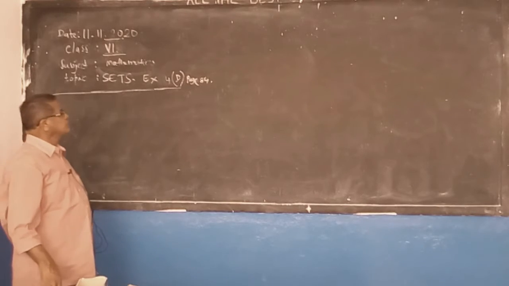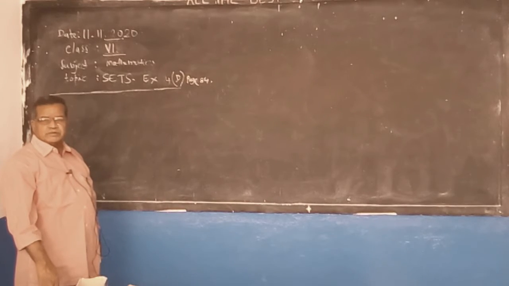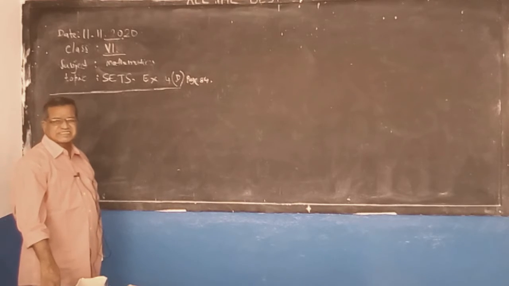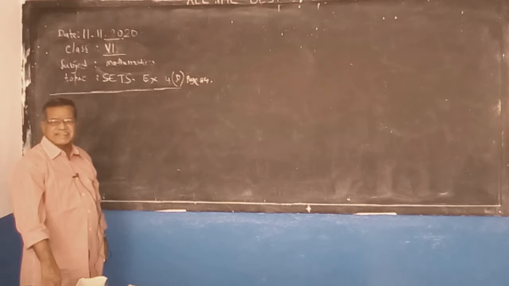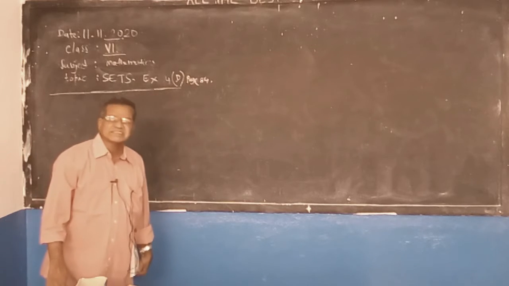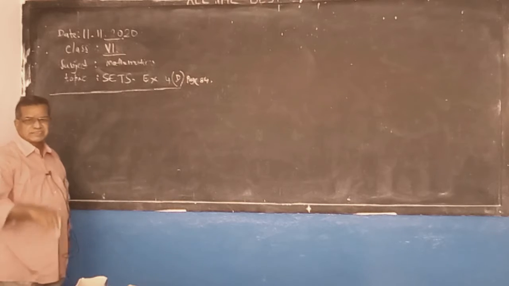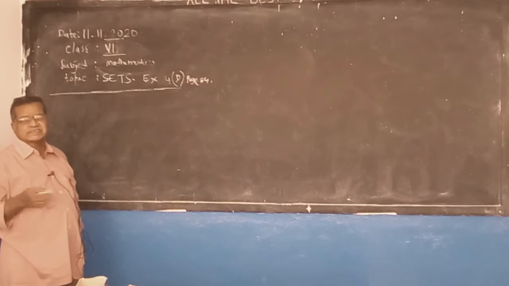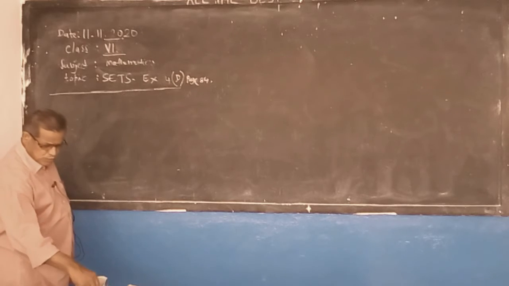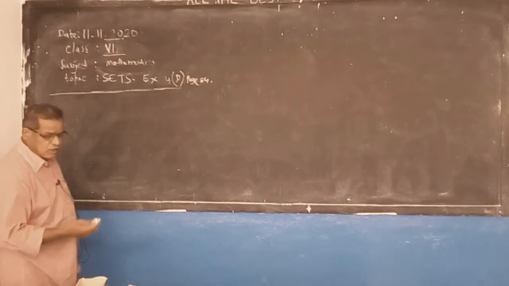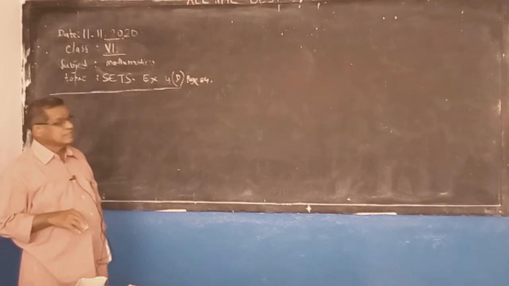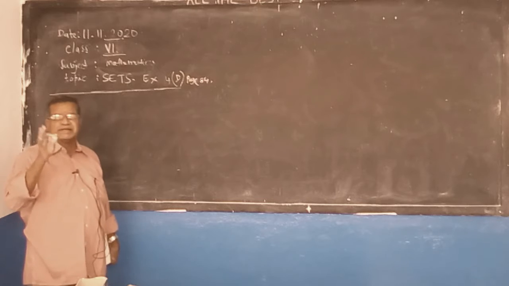Set of mathematics teachers, set of language teachers, set of planets, set of flowers, set of natural numbers, set of even numbers, set of odd numbers, set of prime numbers, like that. There are so many. These are all defined objects. These objects are called elements.